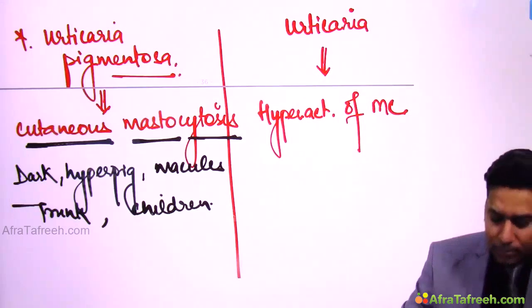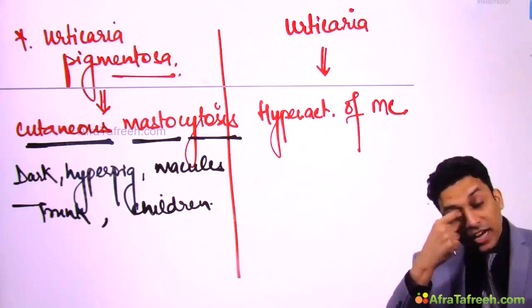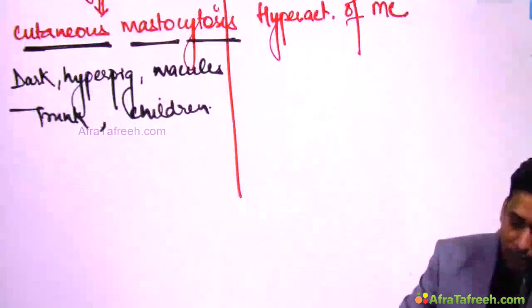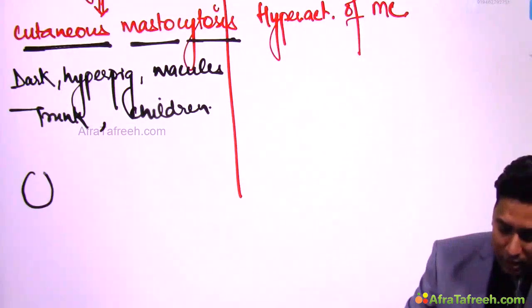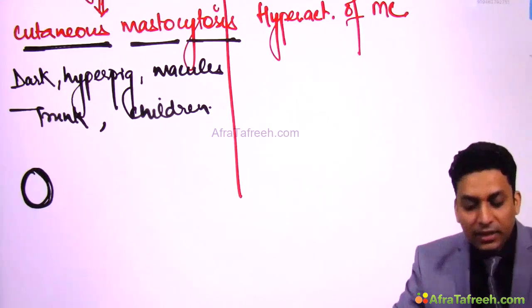So this is the clinical presentation: dark or hyperpigmented macules over the trunk in a child. Let us consider this dark hyperpigmented macule over the trunk in a child. This is a lesion of cutaneous mastocytosis, that is urticaria pigmentosa.